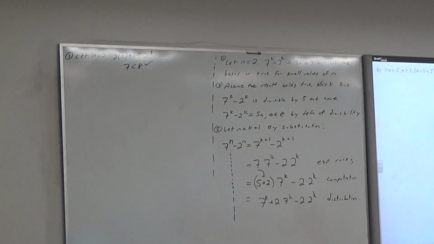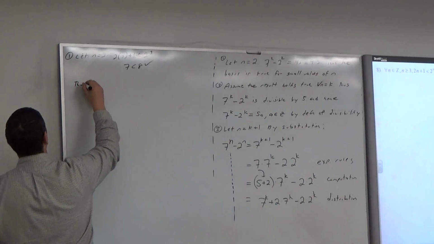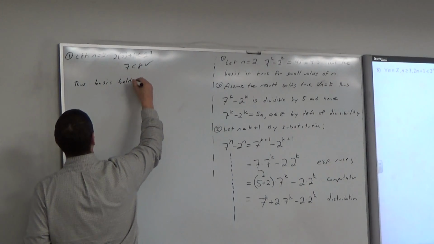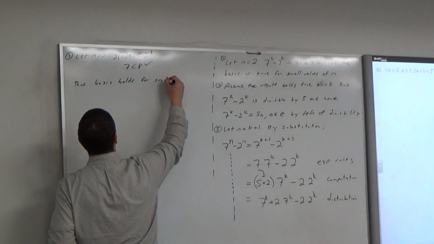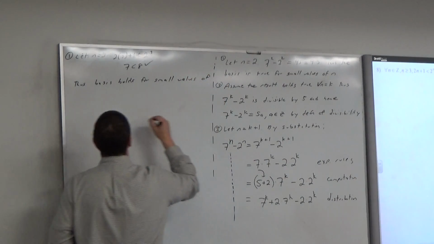Okay, I don't think anyone in here doubts that. Okay? So at least if you can do that, you get a point. Good for you. Okay? If you want another point, you'll say, thus the basis step holds for small values of n.